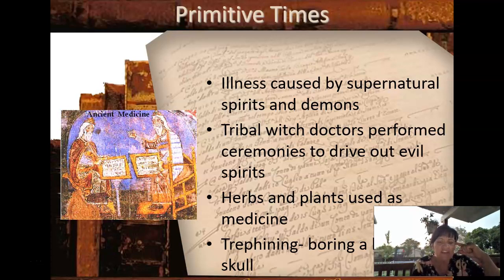There was also a thing they used called trephining. It's been a year since I've talked about this. It's where you bore a hole in the skull, hoping to release whatever spirit or demons or bad things were in there. They would actually drill a hole into the skull.